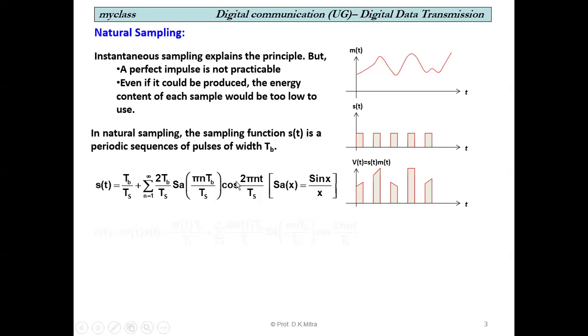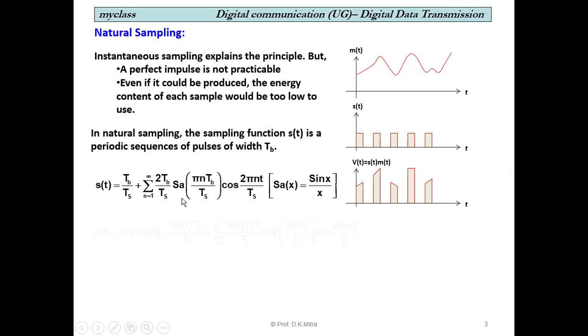Look at this. This is cos 2 pi, you forget n, cos 2 pi t by ts. That means it's a cos omega t function, a cosine function. And the amplitude of the cosine function is given by this, right?